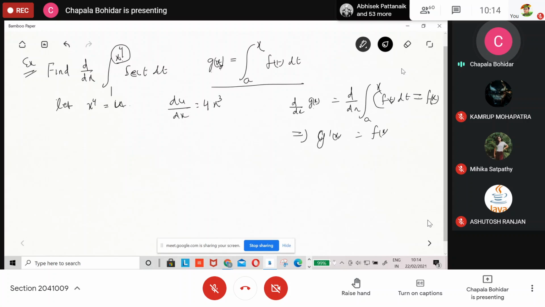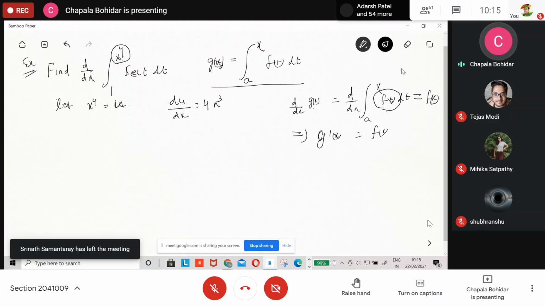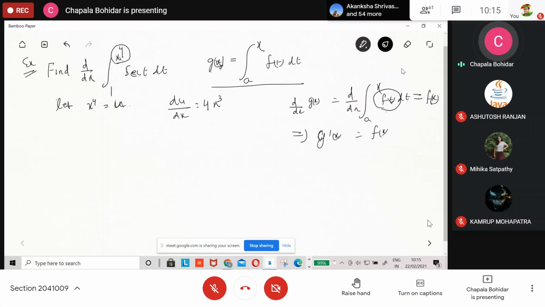If this functional value is continuous on the closed interval and it is also differentiable, then as in the last problem, that functional value is continuous and differentiable. So I simply write d by dx of the integral from 0 to x of root over 1 plus t square dt.